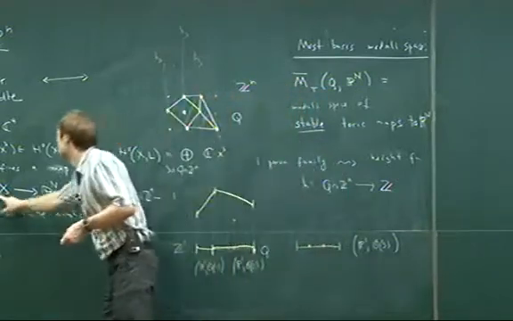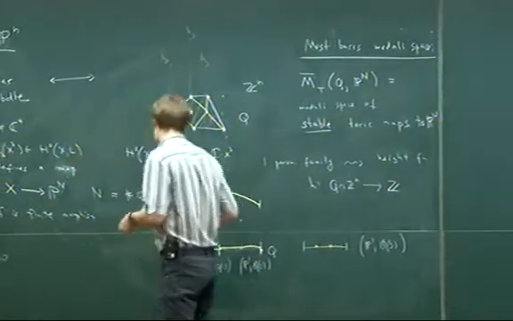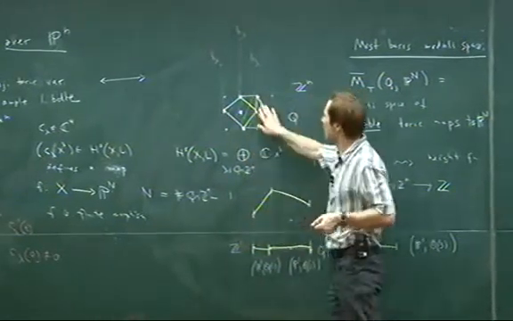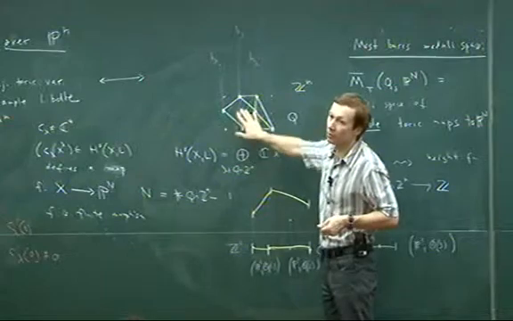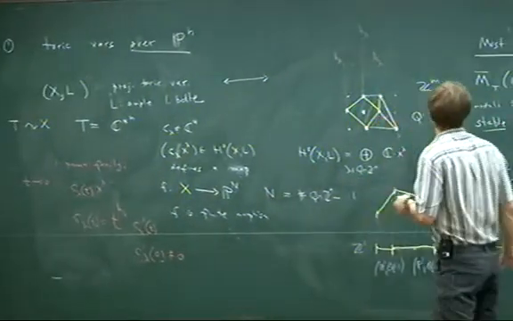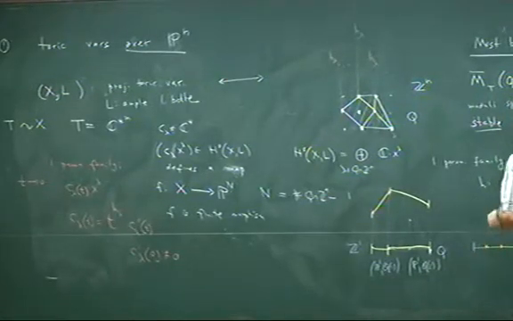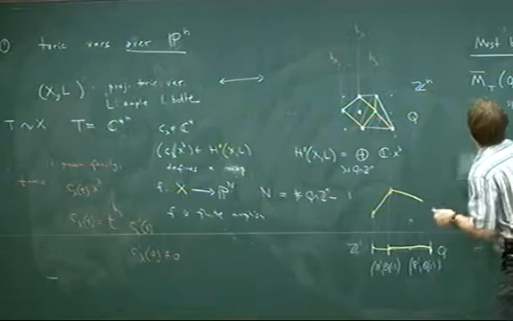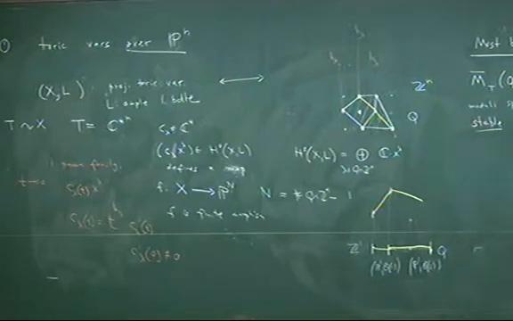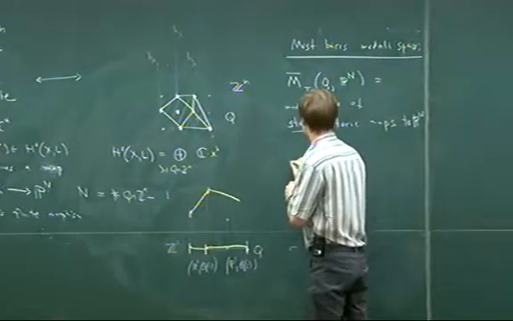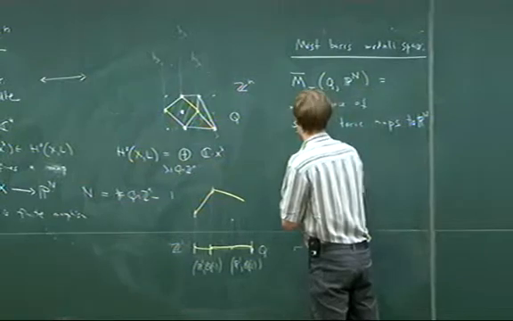And in the limit, the limit of this family will be a map from a variety that looks like this. So stable toric maps are, let me say what they are.